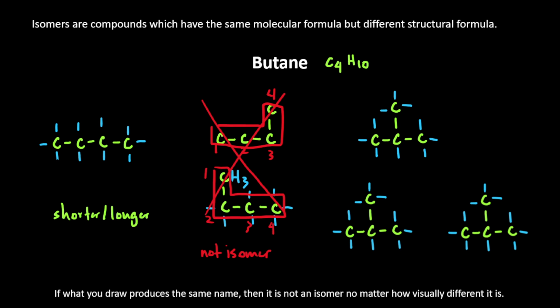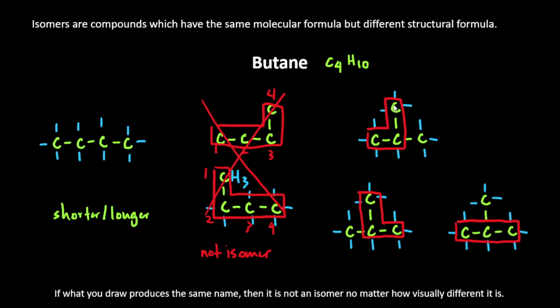So this can either be 1, 2, 3, or this can be 1, 2, 3, or this can be 1, 2, 3. No matter which pathway you pick, your longest chain right now is 3.